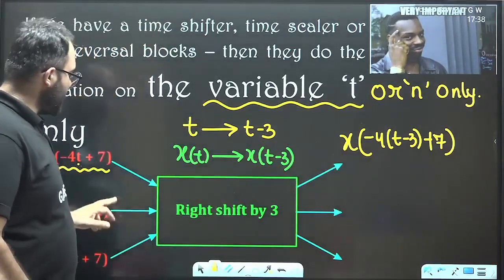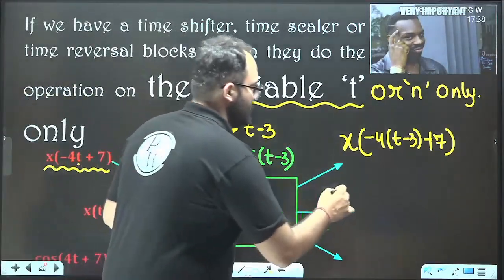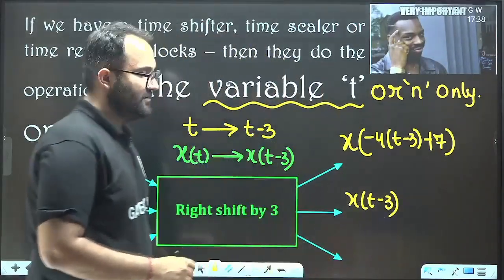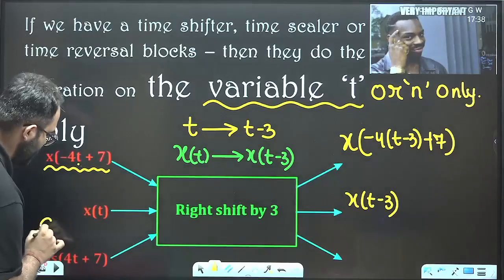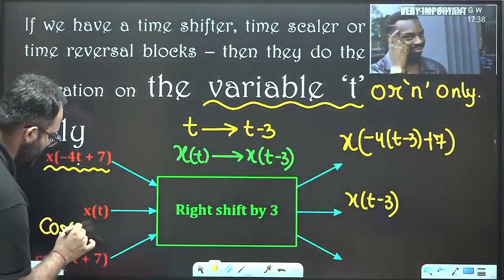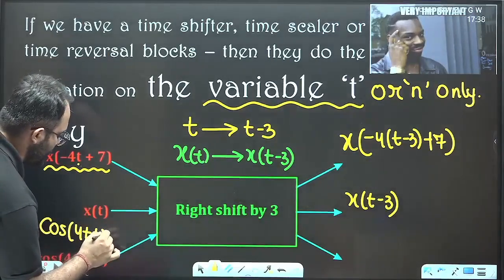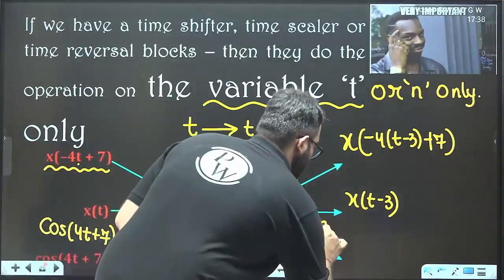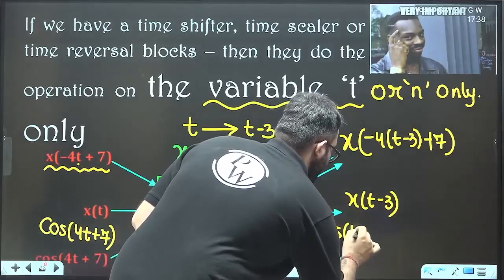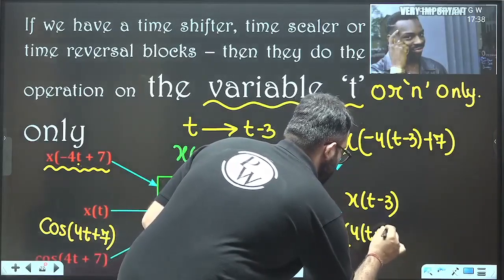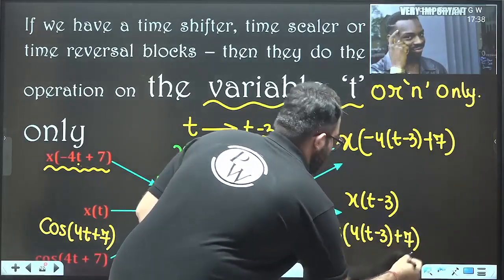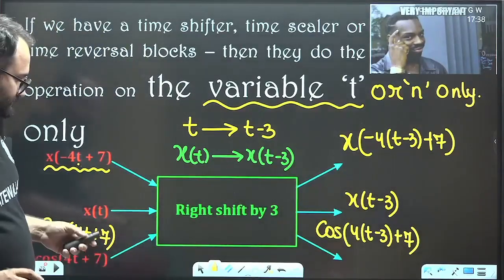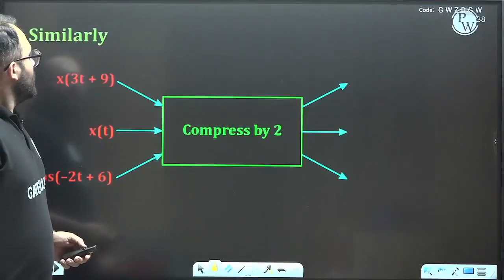So when the input is x(t), the result is x(t-3). When the input is cos(4t+7), the result will be cos(4(t-3)+7).